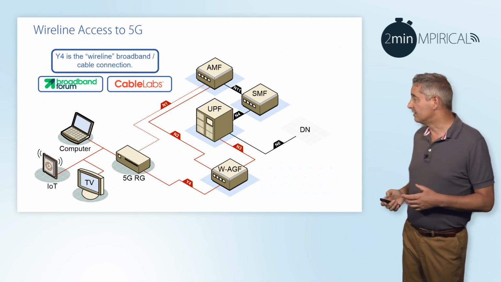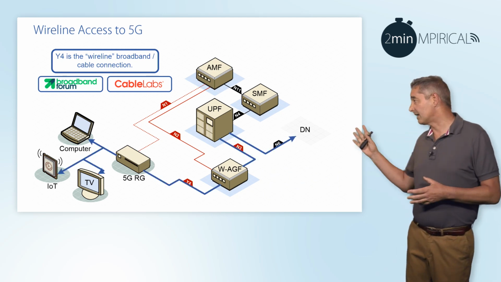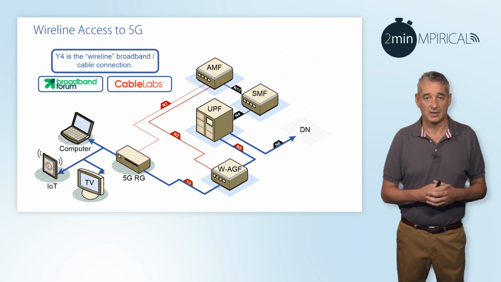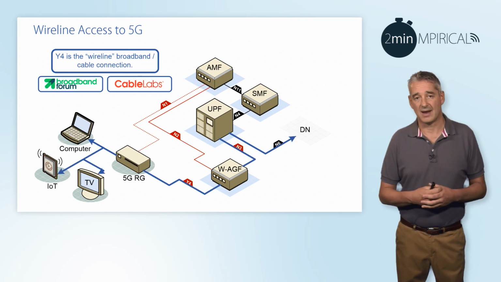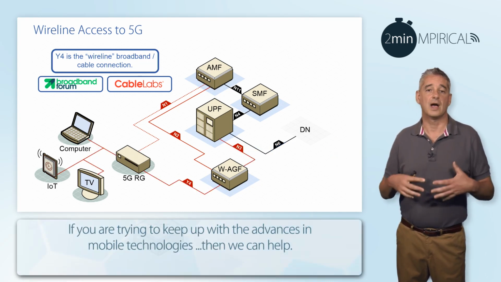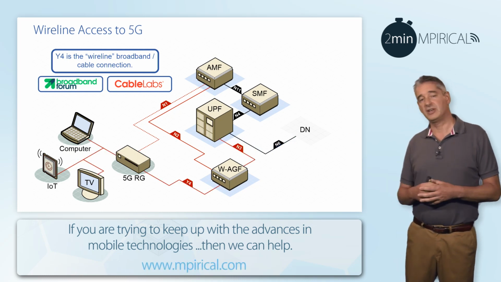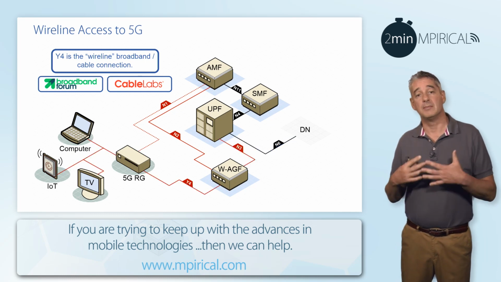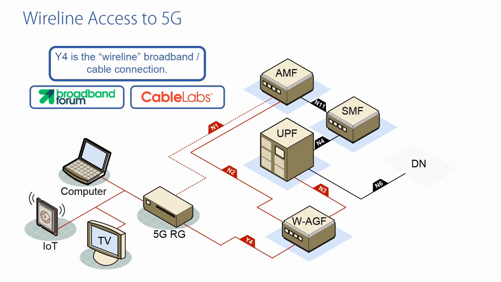So now we can see that the traffic will once again leave our local area network and pass across the Y4 reference to our Wireline Access Gateway Function, and from here up to the UPF and out to our data networks. In other words, we are replacing the radio access network from 5G and superseding it here with our wireline access, but still using the same 5G core network such that we can continue to support our converged services.